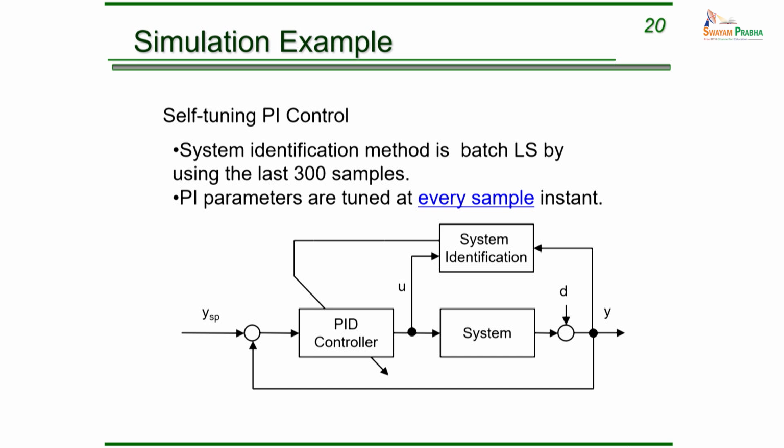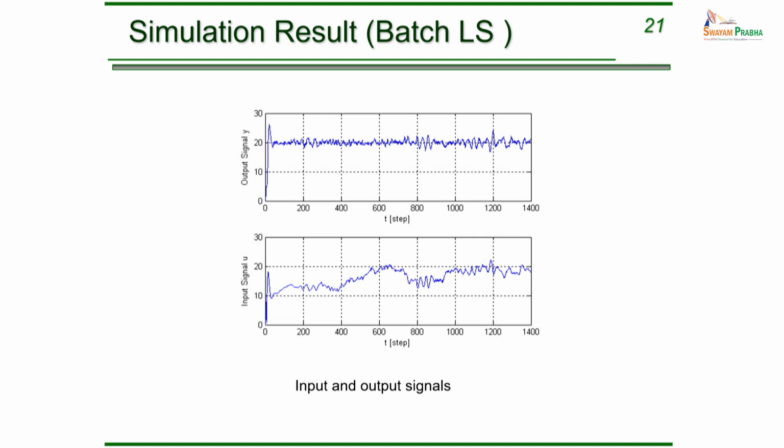So that was the fixed parameter controller. Let's try and apply system identification and adjust the controller parameters at every sample instant. If we do that, the result is, of course, better than having a fixed parameter PI controller.